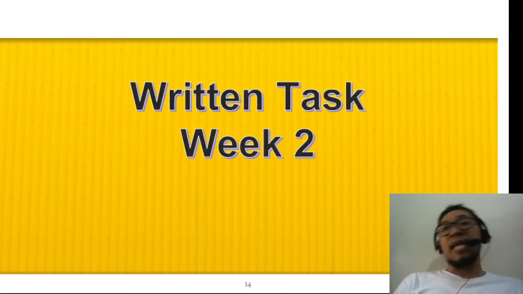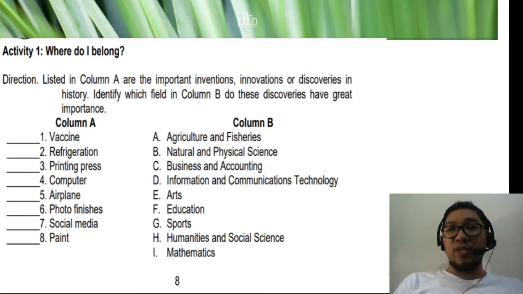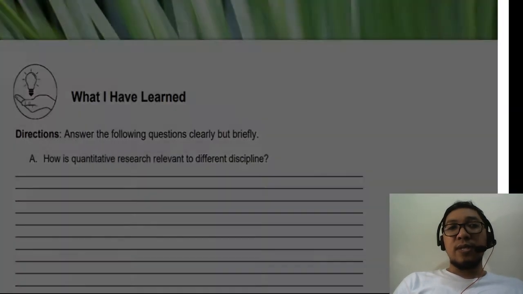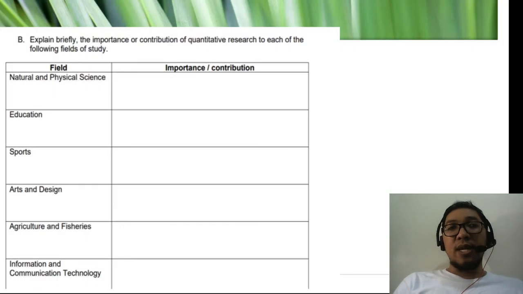For your written task for this week, week 2, I want you to answer Activity 1, found on page 8, and this one too, Activity 2, and What I Have Learned, which is the relevance of research to different disciplines.